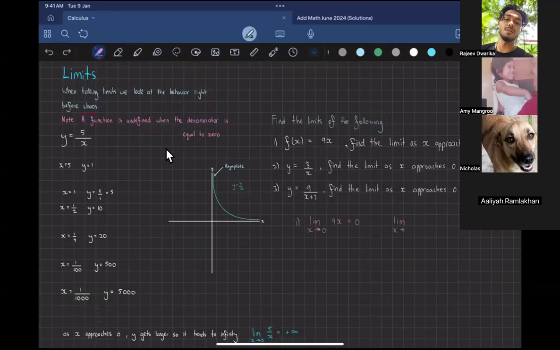If x is a billion, we get 9 billion, right? So the function is getting bigger. When you take the limit for that function, it's supposed to end up with infinity. So that'll be equal to positive infinity. That's what the answer is supposed to look like.